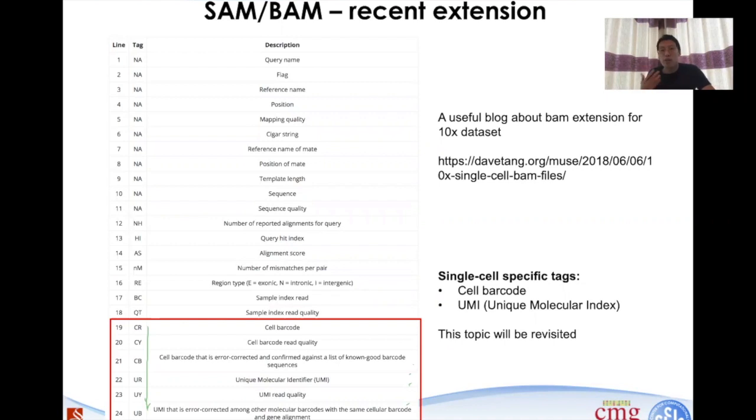So when we do single cell data analysis, we still pass the data with this standard alignment format, which is either SAM or BAM files, but we will be able to retrieve the information that we need. For example, give me all the reads that are coming from this particular cell. How are we going to do that? I will check the cell barcode and say, with this particular cell barcode, what are the sequencing reads associated with this cell barcode?